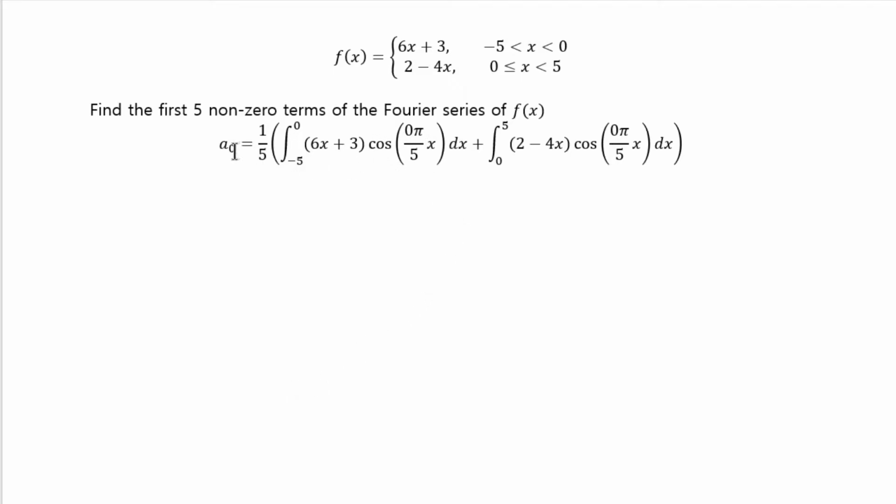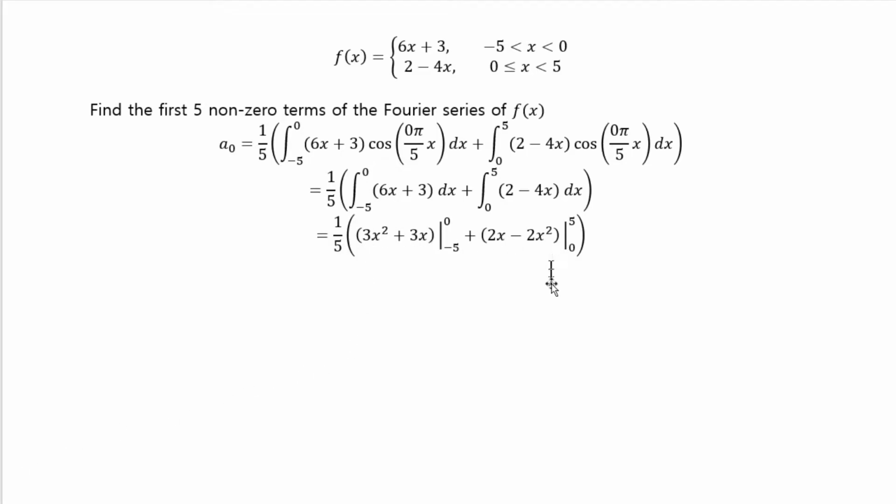See, I replaced n by 0, so this n is now replaced by 0, this n is replaced by 0. And because you have cosine 0, which is 1, you have an integral without any trig functions. That's completely different from the case when n is 1 or greater. This is just a simple integral, which you can just do.